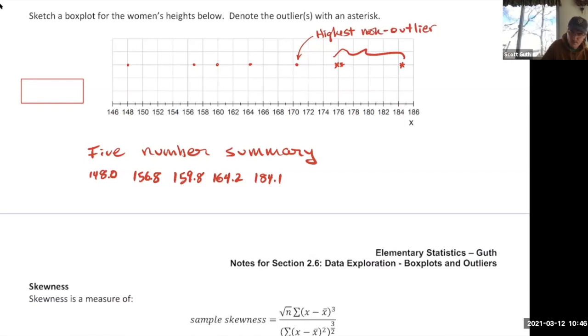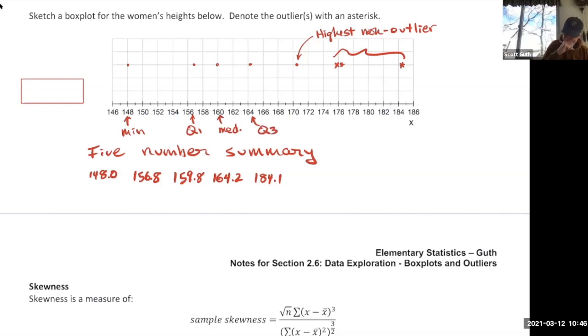And so, maybe adding more, this is Q1. Sorry, no, that's the min. Right here was Q1. The 160-ish, I guess it was 159.8, that's the median. The 164 point something, that's Q3.